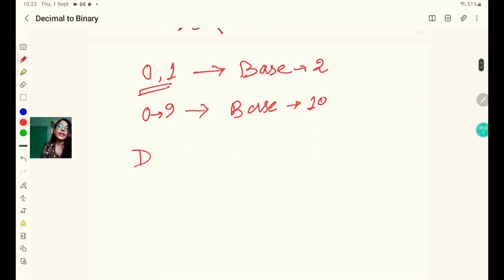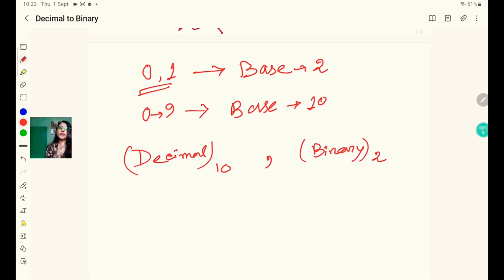Hence, when we write a decimal number, we write base 10 at the rightmost bottom corner, as a suffix, and for writing a binary number, we write a base of 2. In this way, we can recognize which number is decimal and which one is binary.